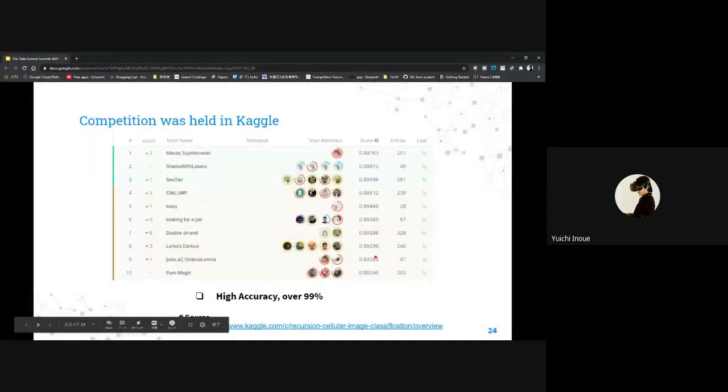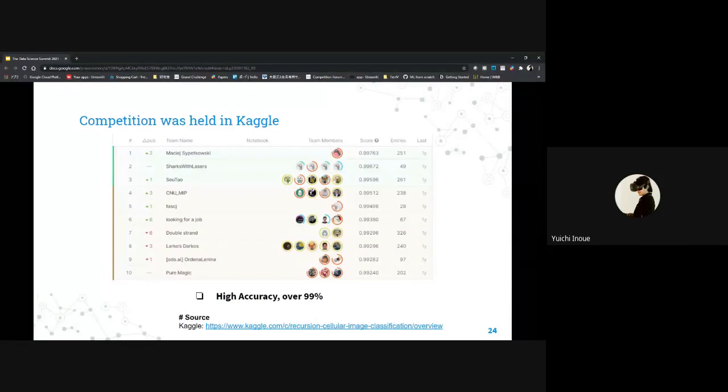In the end, the top team was able to create a model with an accuracy of over 99%. If the model looks at the image, it can tell which of the 1,100 siRNAs the cells were treated with.